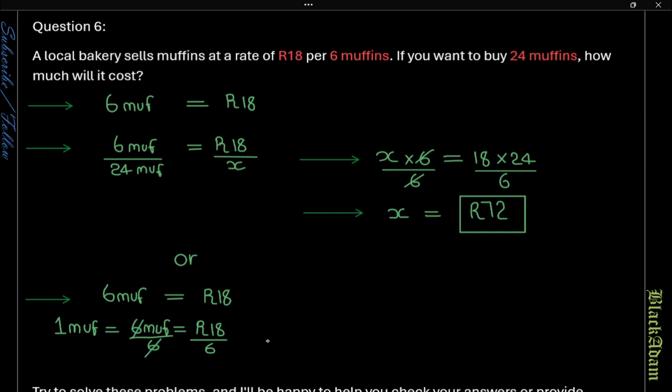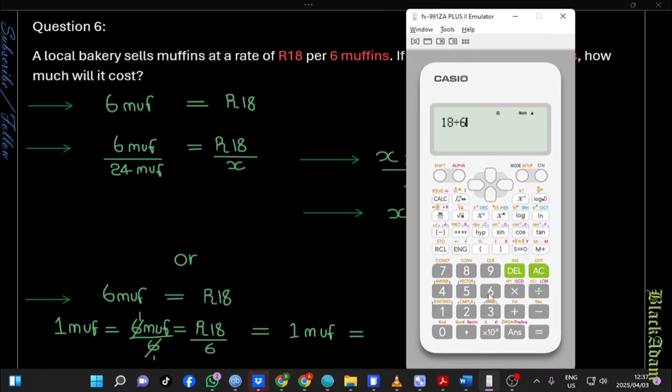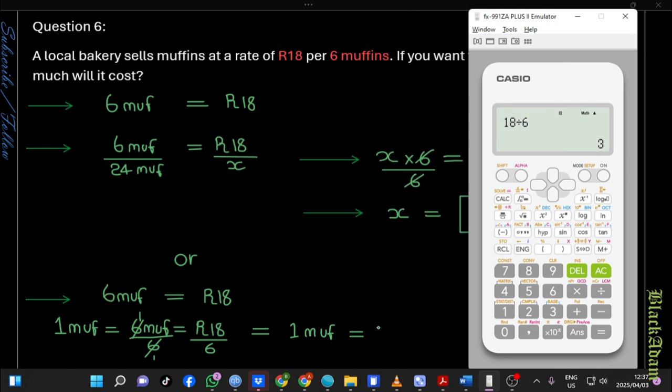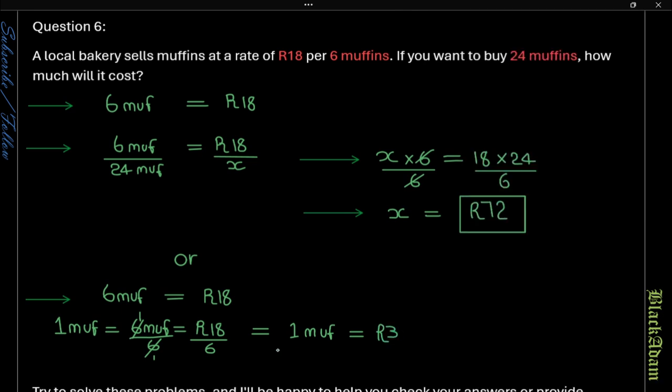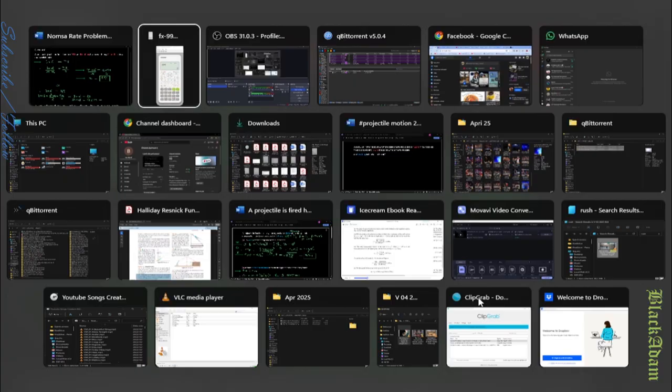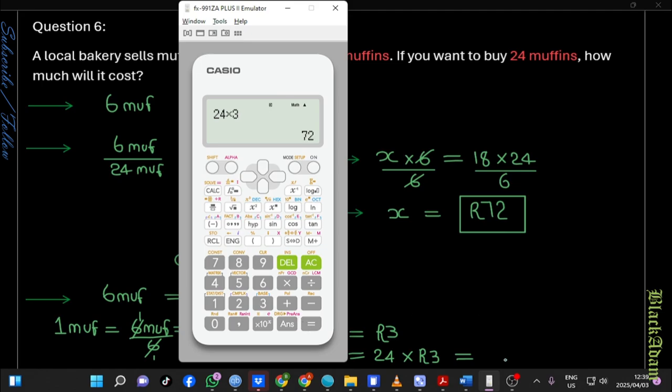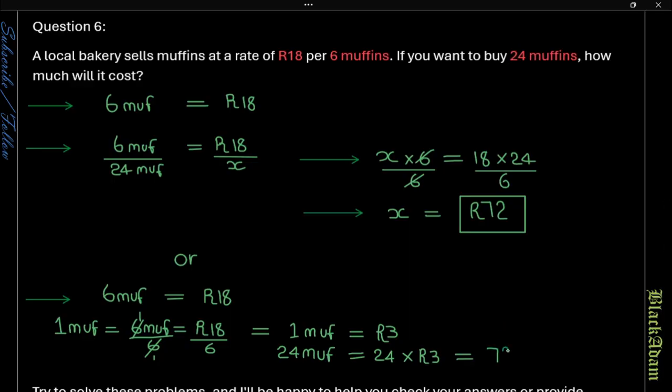So 6 into 6 will give us 1, and then 18 divided by 6 gives us 3. So 1 muffin is 3 rand. Now if 1 muffin is 3 rand, 24 muffins will be how much? So 24 muffins will be 24 times 3 rand, and that will give us 72 rand as our answer.